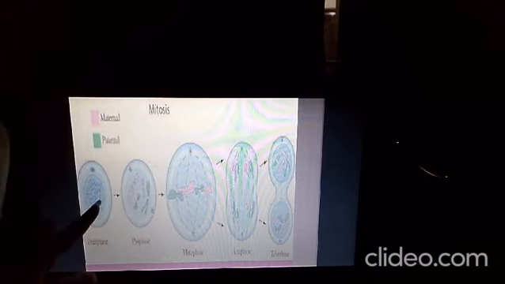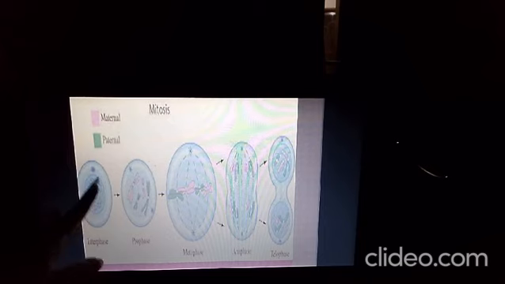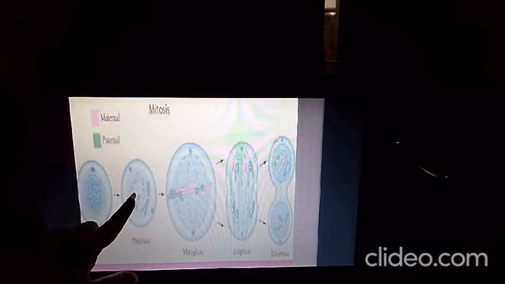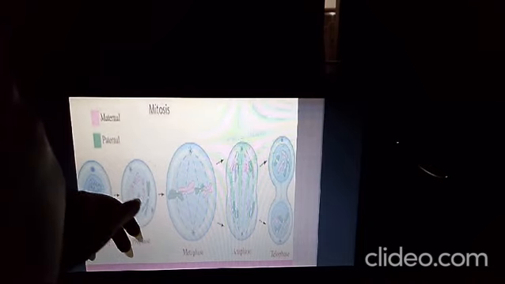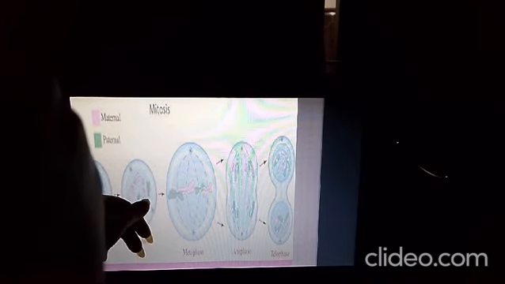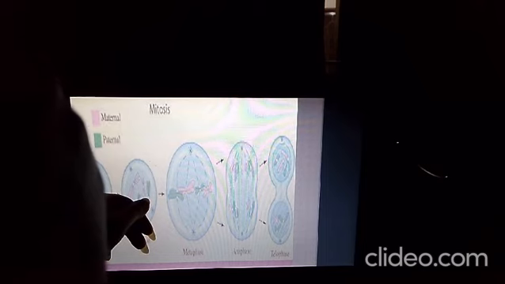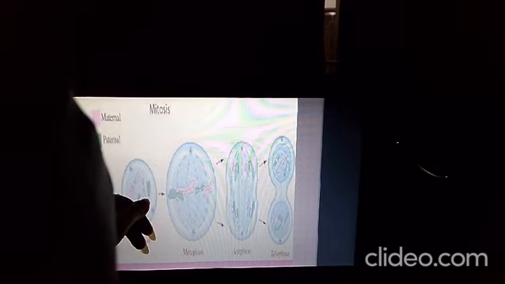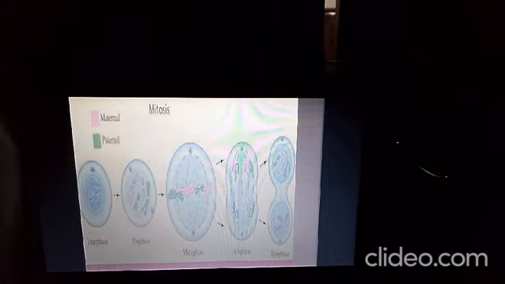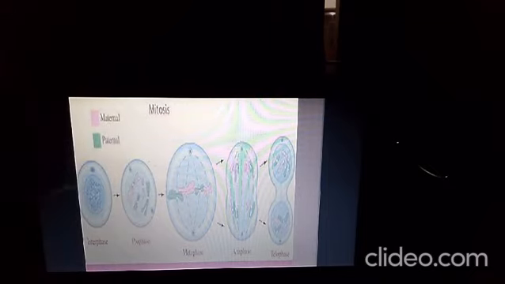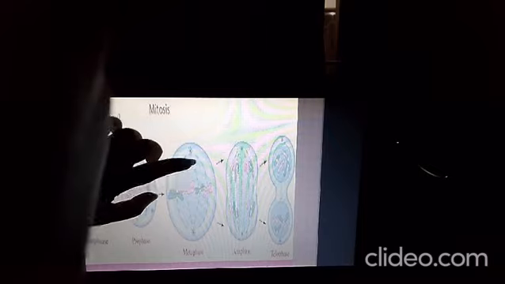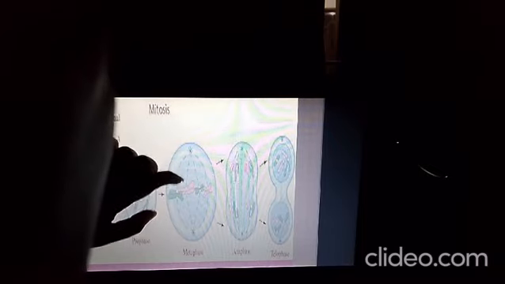Okay, here chromosome is in the form of chromatin. Then this chromatin condenses and they form chromosomes. And there is a small structure right in the middle of the chromosome, known as centromere. Inside the centromere there is a kinetochore and one thing more, these are the spindle fibers.